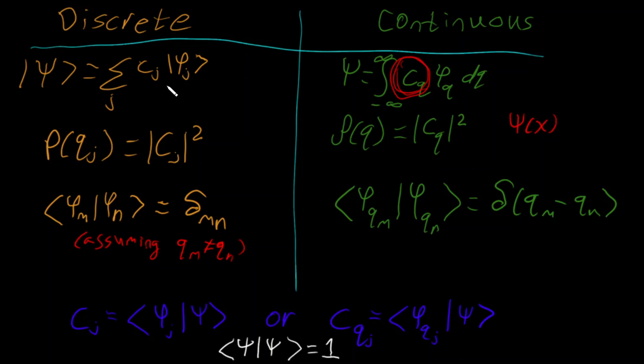When we write it like that, if I want to know the probability of measuring q sub 3, all I have to do is look at it in this form, and hey, I found c sub 3, and I take the norm squared. So writing it in a basis is sort of like writing it in a form where this information is very easily accessible.